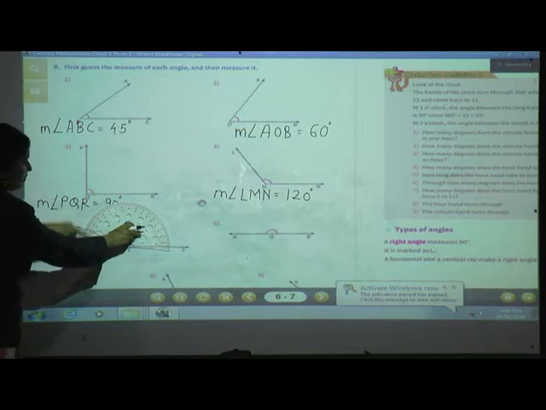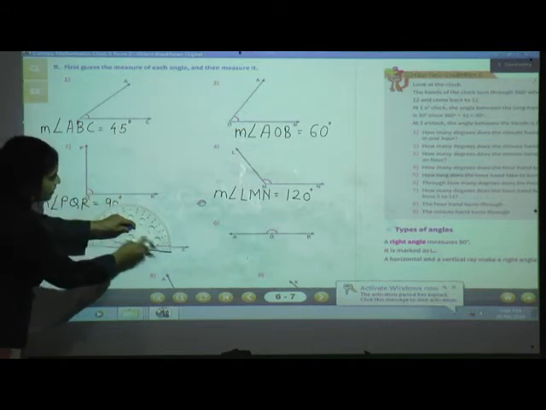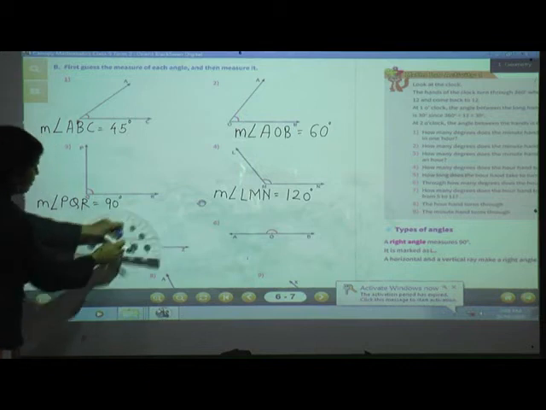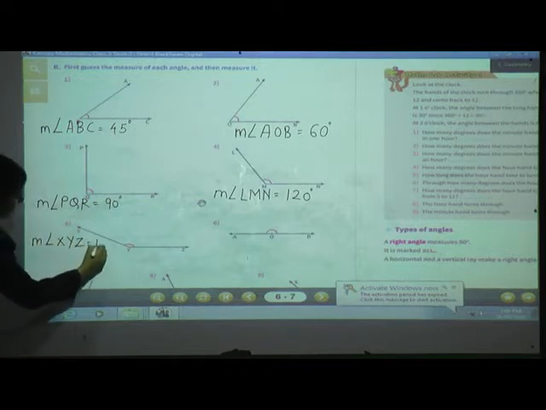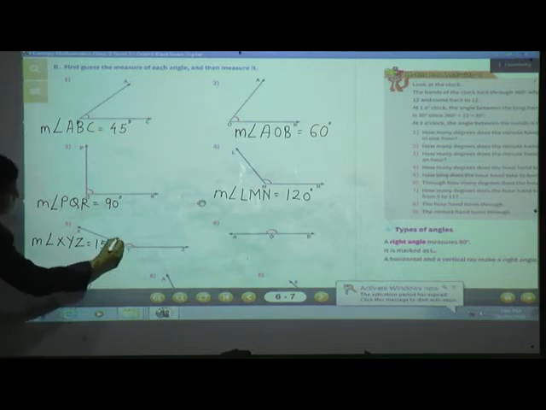You have to measure it by inner scale, starting from this 0. So the answer is 150 degree. Measure angle XYZ is equal to 150 degree.